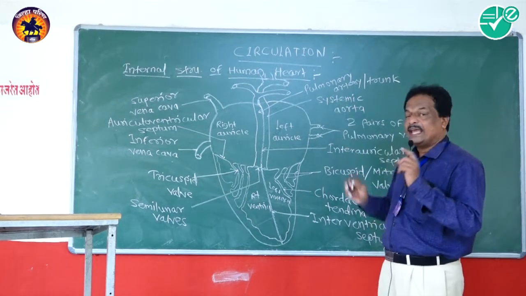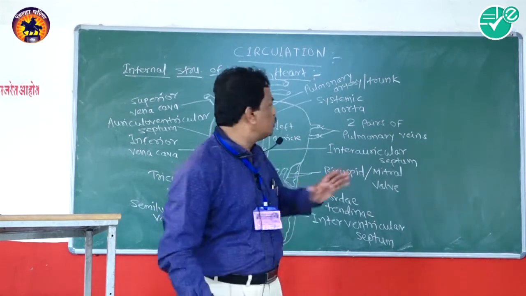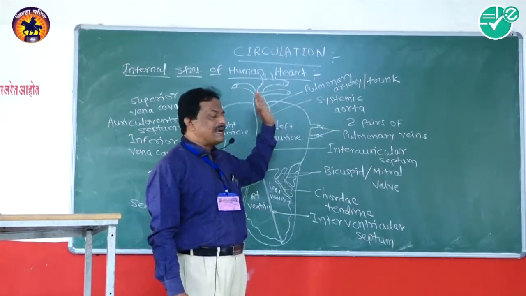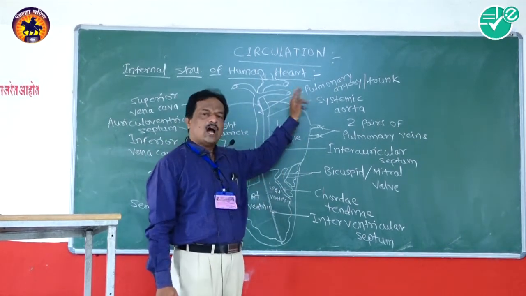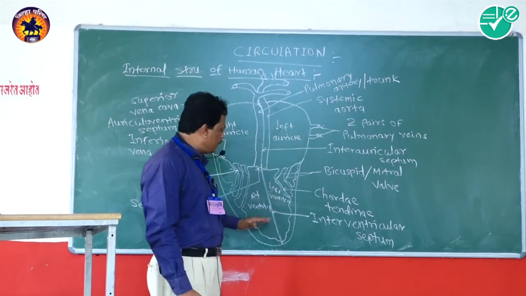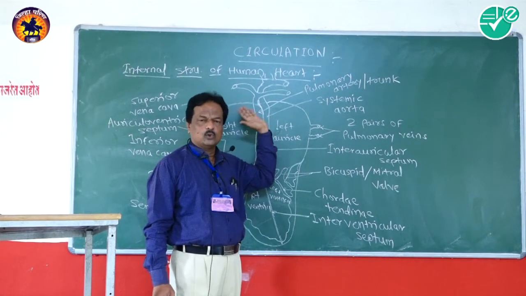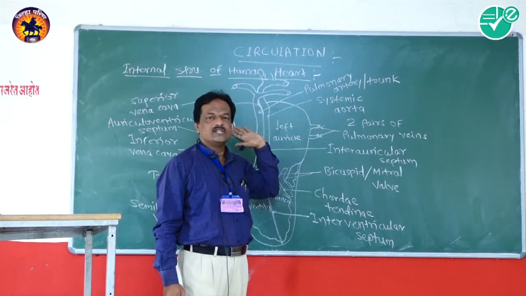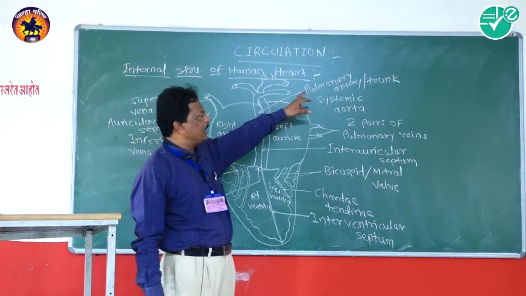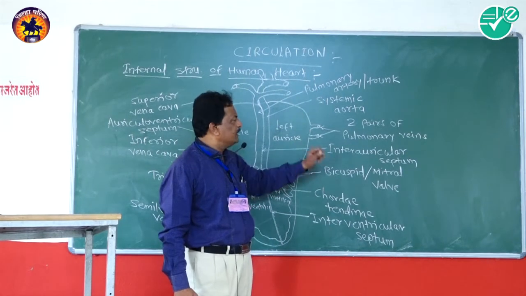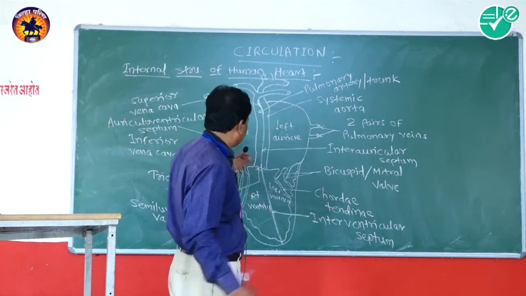Generally, arteries carry pure blood, but here the pulmonary artery carries impure blood from the right ventricle up to the lungs for oxygenation. So these two blood vessels, the pulmonary artery or trunk and the pulmonary veins, conduct opposite functions.